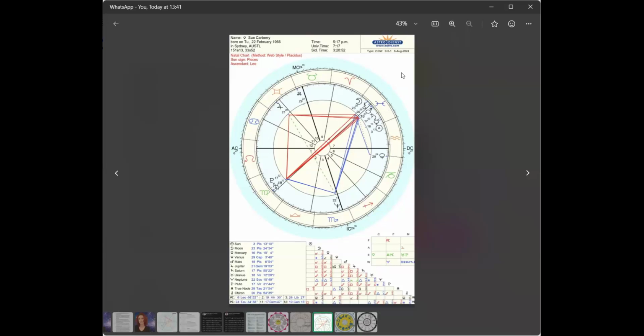So the Pisces descendant, just be aware that if you come across personalities that are strong, you may find them a little bit difficult to deal with. You don't have Pisces on the descendant. You have a late Aquarian on the descendant because your ascendant is 29 degrees of Leo.